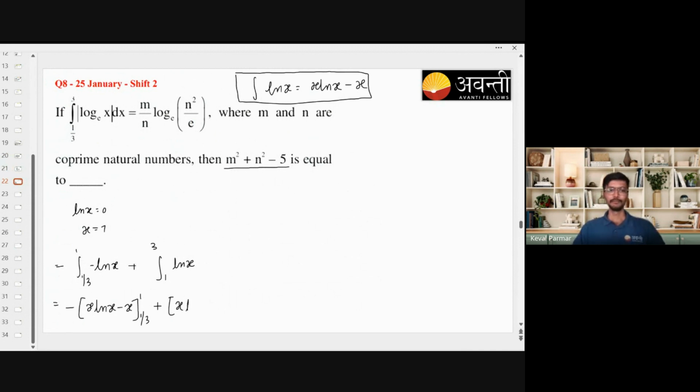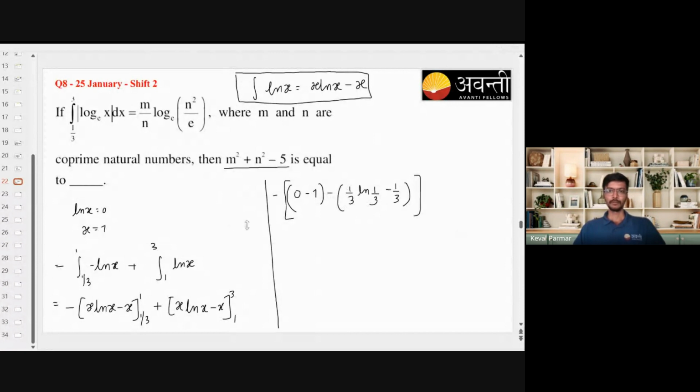Most of you must also know this direct result, right? So if we do upper limit minus lower limit, I think we'll get 0 minus 1. This is the upper limit minus lower limit: 1 by 3 ln 1 by 3 minus 1 by 3.